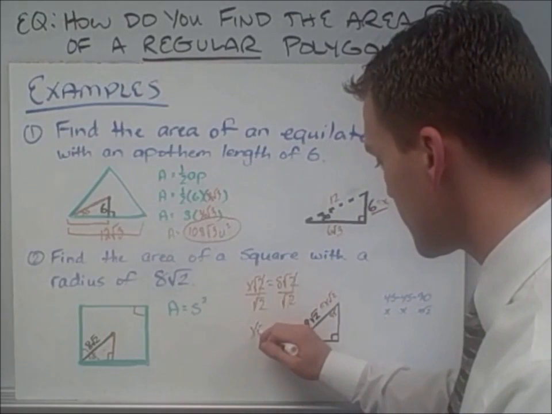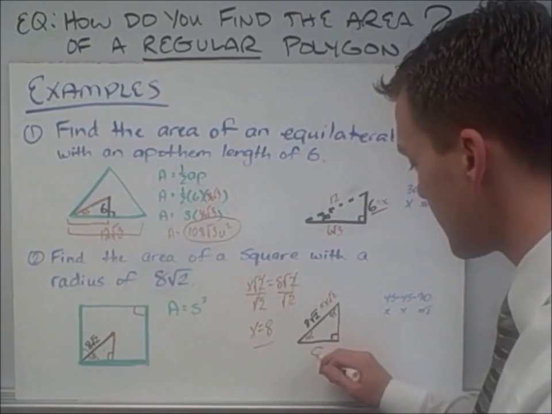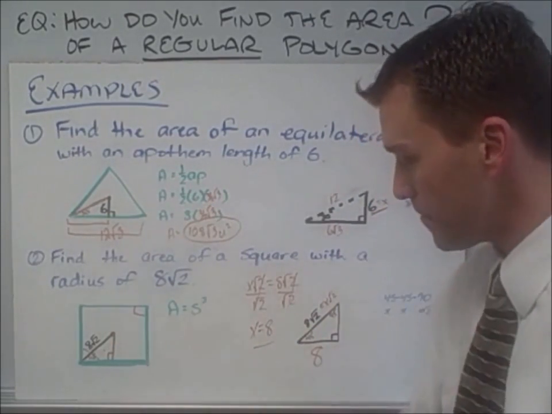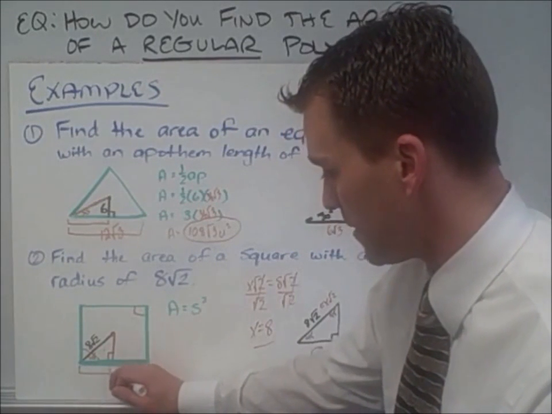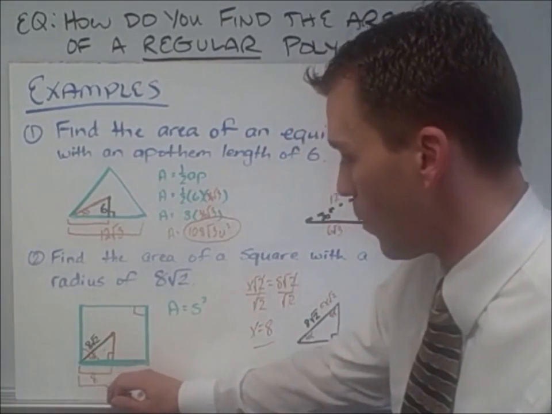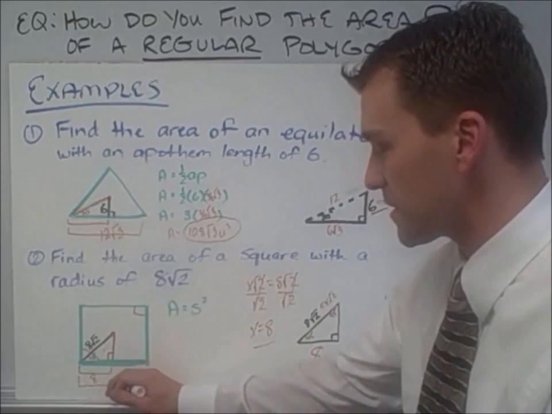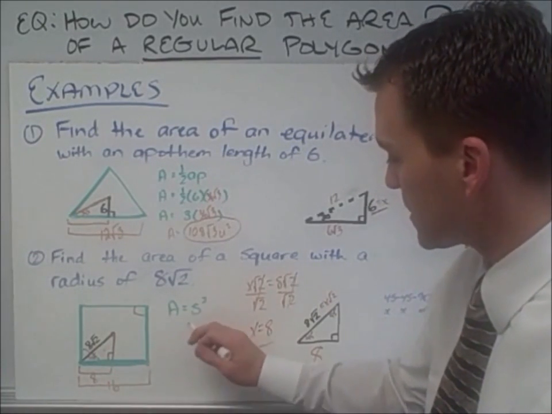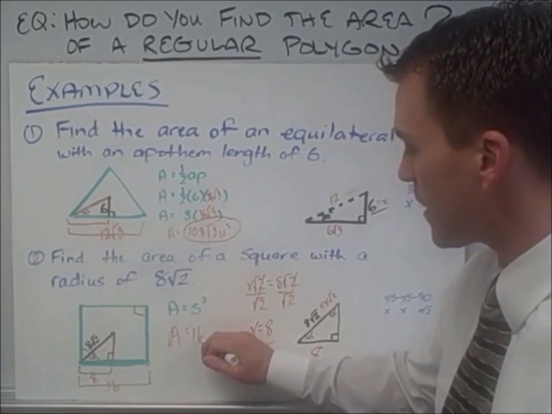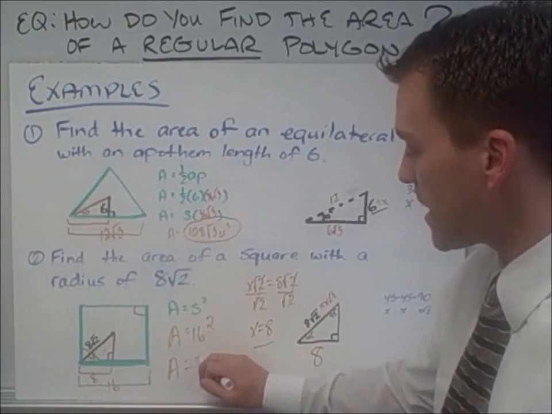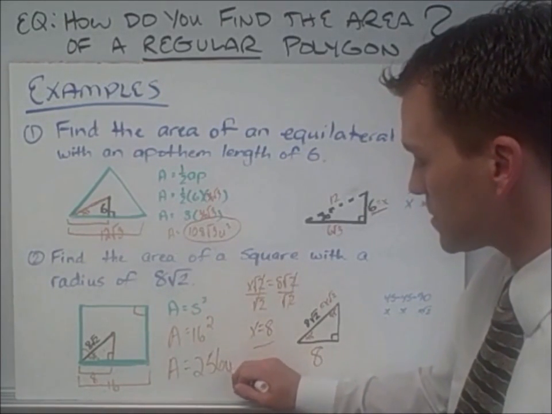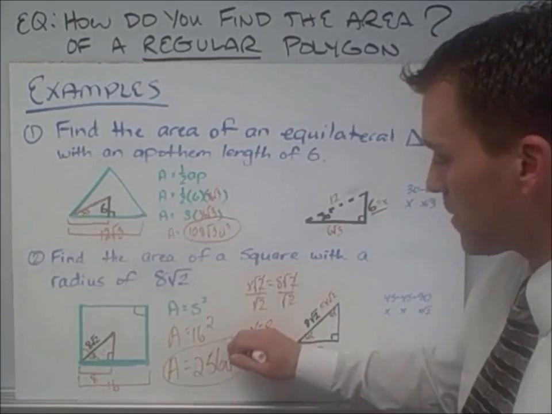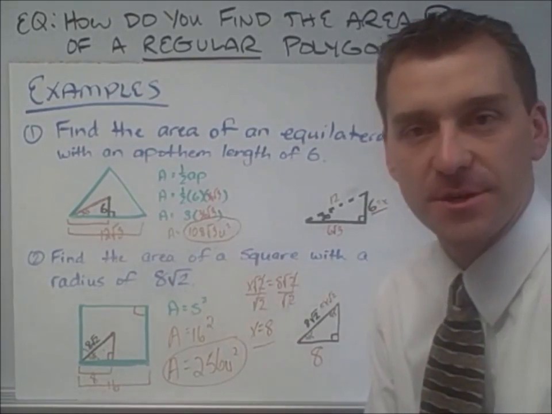Which means x is 8. So that's awesome because that means the side length here is 8. Time out. That means this piece from here to here is 8. Which means the whole side length has to be 16. So there you go. So 16, I put that in here. 16 squared would be, last time I checked, 256 units squared. So there is your answer for the area of that particular square.